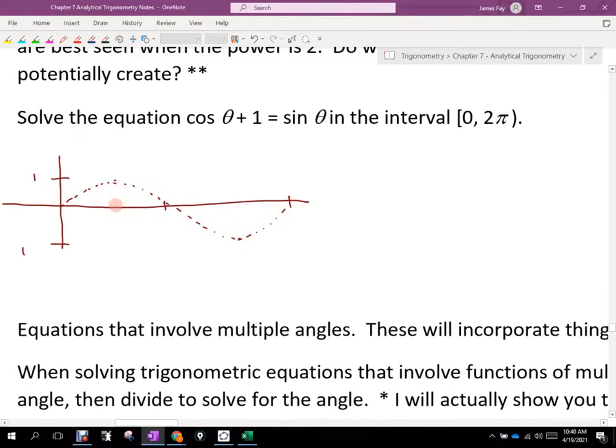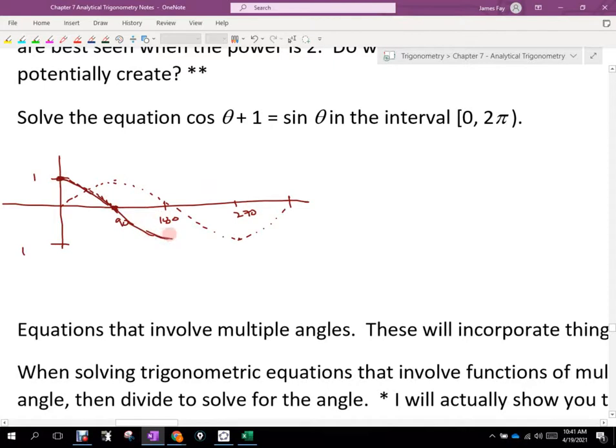okay, so that's 90 right there. That'd be 180, and that'd be 270, right? And if I graph the cosine, we know that the cosine is going to start here, and then it's going to pass through there. Just kind of do this in a solid.